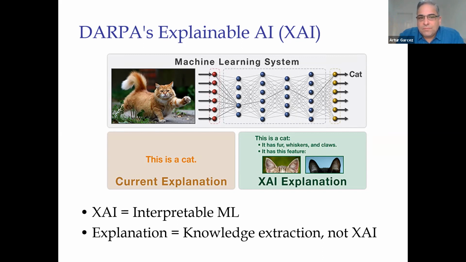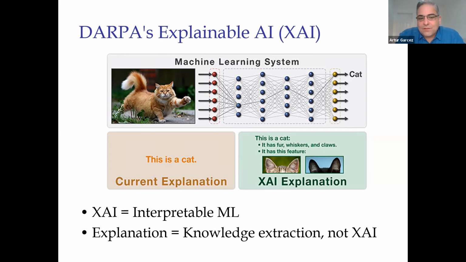So I think it was the DARPA program that coined the XAI acronym. Explanations, as shown here on the right, as identifying the features of a cat. And so this is a cat because it has fur, whiskers, and so on. And I would regard that as what people later called interpretable machine learning, as opposed to explainable AI.